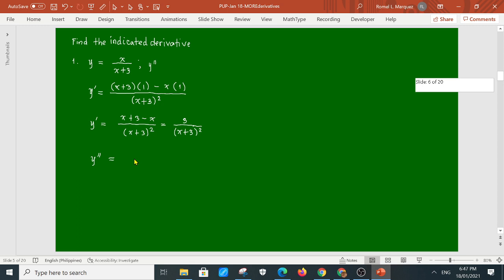You treat it as a quotient. This is constant over function. So how do we differentiate constant over function? Negative c, so negative 3, times the derivative of the denominator, over the square of the denominator.